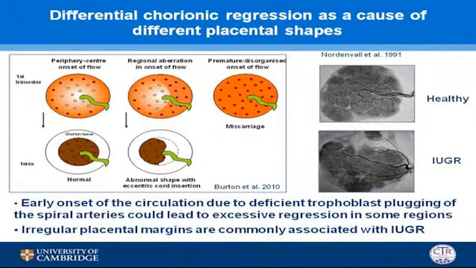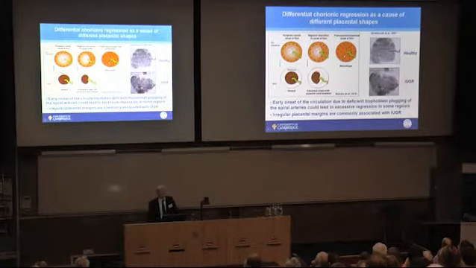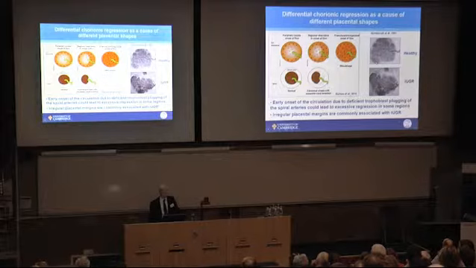So instead of getting a nice disc-like placenta, we end up with a rather raggy shape, and the umbilical cord is attached more to the periphery. If you get onset of the circulation throughout the whole placenta, we showed this with ultrasound again, you move towards the miscarriage situation. And that ties with what you see at term, in that healthy placentas tend to be circular with the umbilical cord in the center.